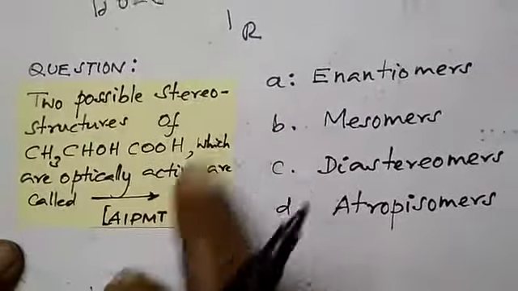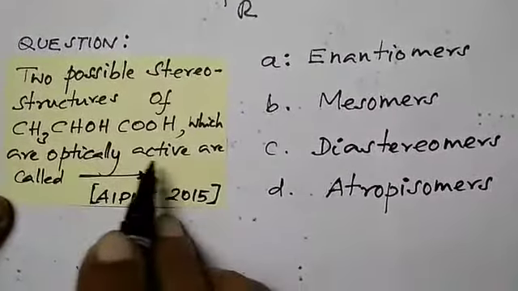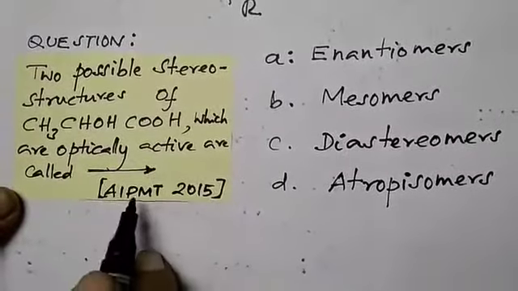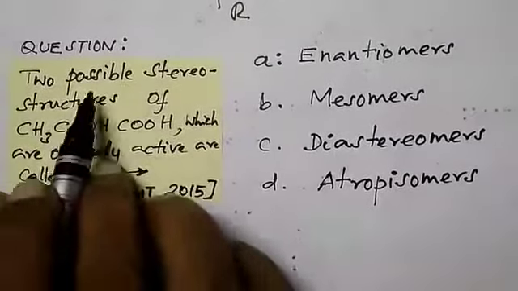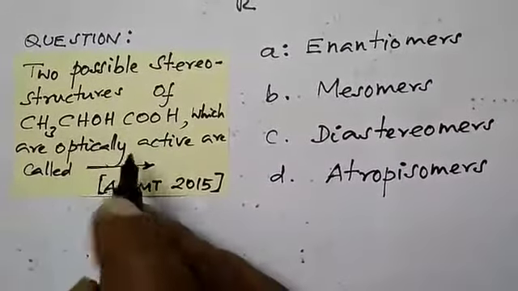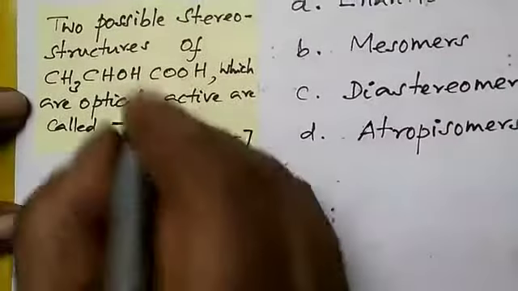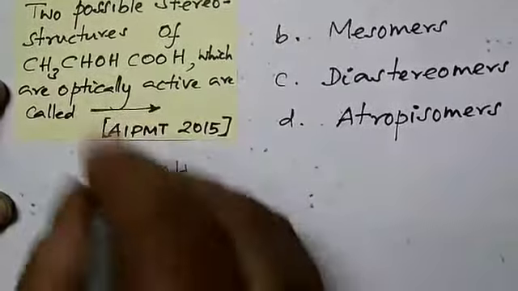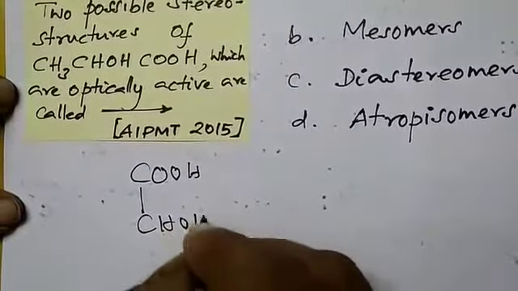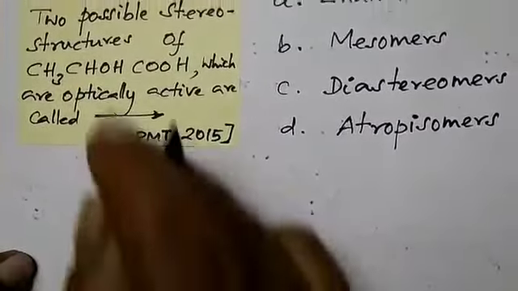This is a NEET question from 2015. Two possible stereoisomers of the compound are given. Let me write the compound first. You always write the most highly oxidized state at the top, the next following, and the bottommost here.